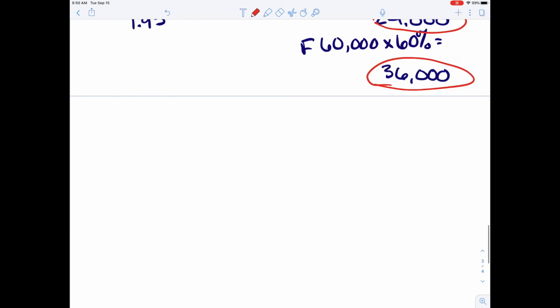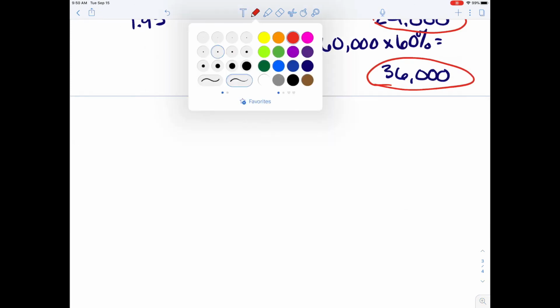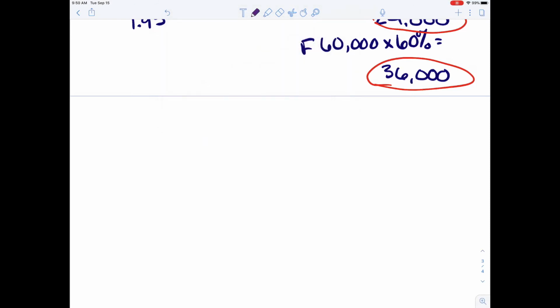So let's come down here and look and see what that looks like. First of all, I have to find out what percentages I'm looking at. Out of 5 tacos, 4 of those are going to be chicken, which gives me an 80% sales mix. For fish, it's 1 taco, which gives me that 20%.